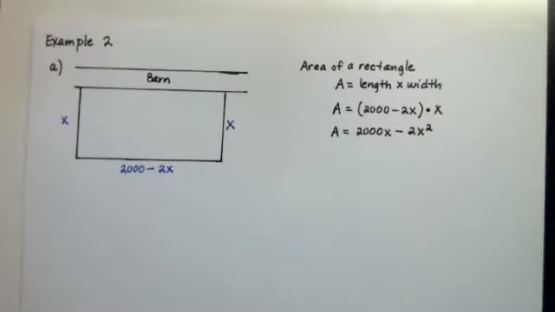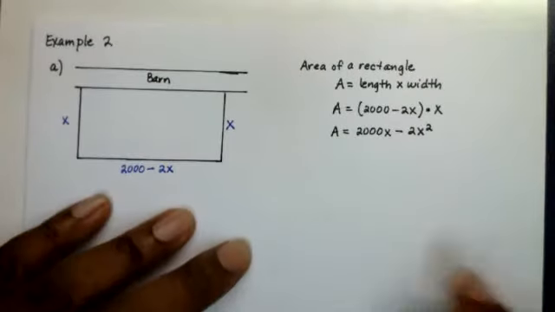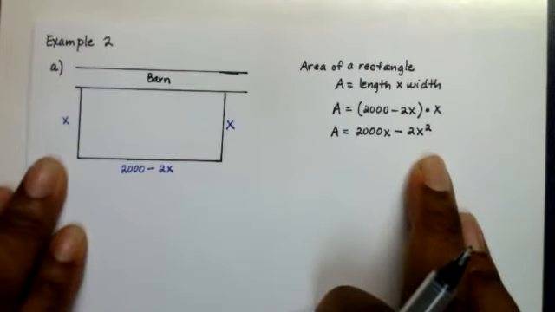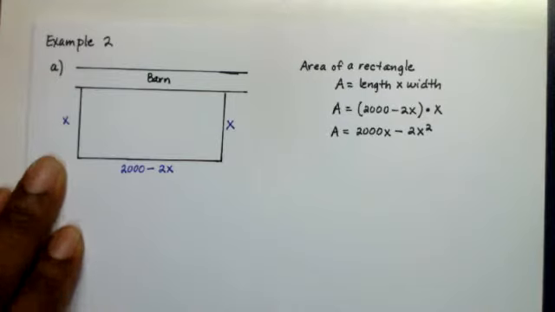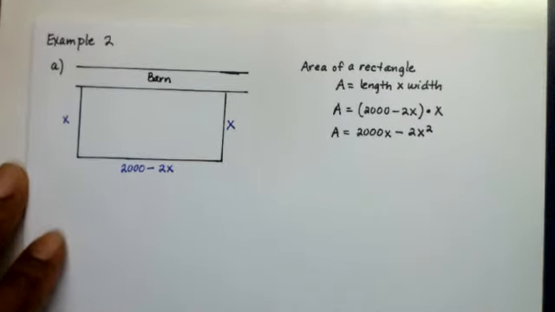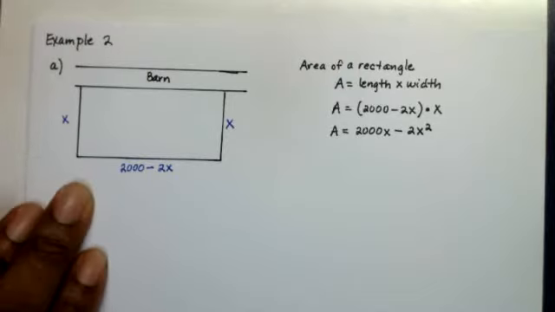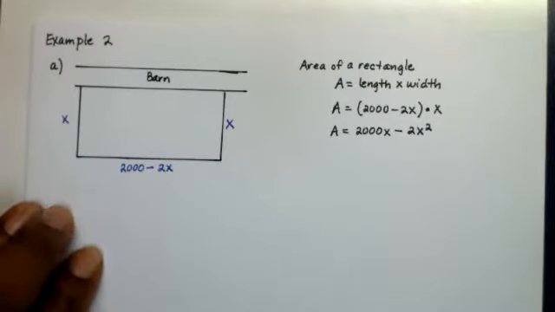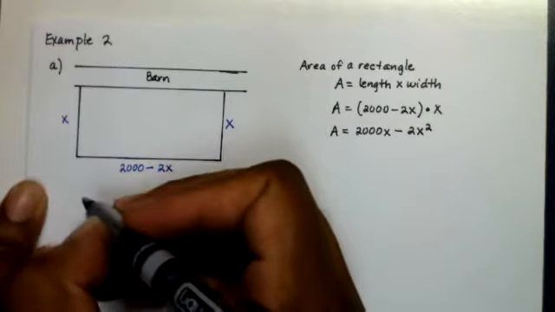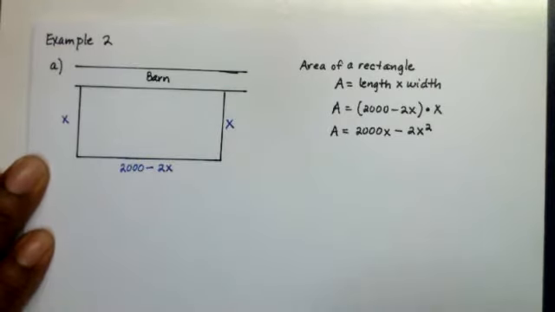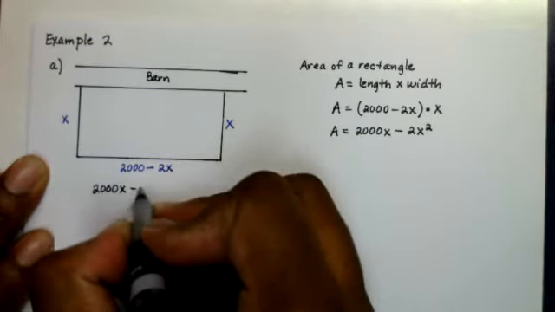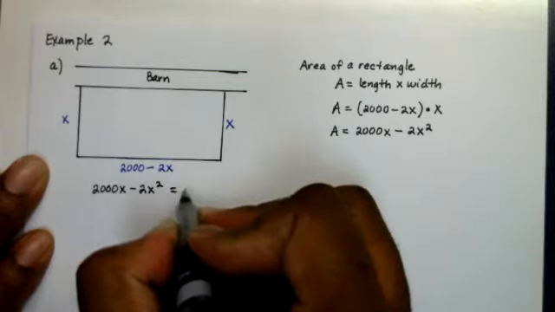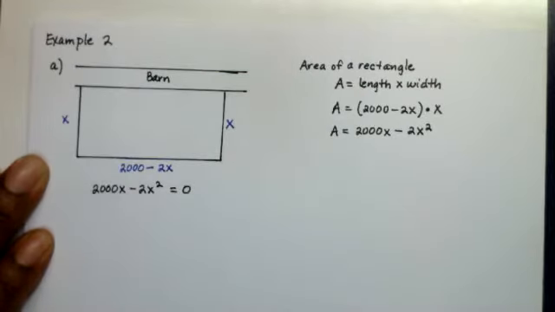Now they also ask for the interval of interest of the objective function. Well, let's take a look at this. We know that our lengths can't be negative. So we can leave out any negative values for x. But what I'm going to do here is take that 2000x minus 2x squared and set that equal to 0, okay?